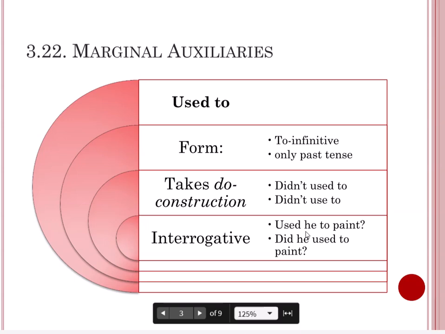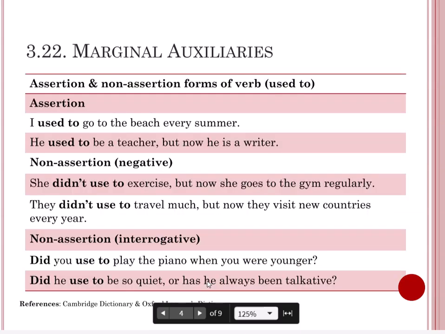So if you want to make a question, the sentence would be, he used to paint, and the question would be just to displace the subject and the auxiliary verb: used he to paint? Or you may use the do construction, which would be, did he used to paint? Or did he use to paint? So all cases are acceptable.